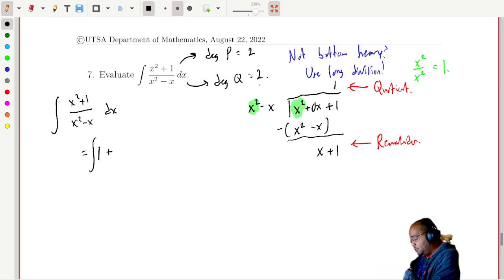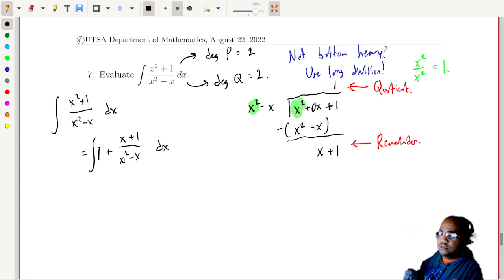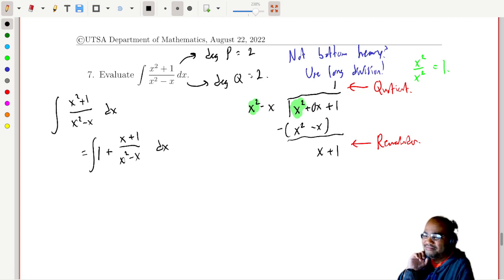The remainder is going to be the fractional part, so the remainder bit, x plus 1, over the divisor. Now, which one of those looks like you only need to do partial fractions on? The second one. Because we all can integrate 1. All right. So we see now that we've got to do the partial fractions on that second bit.